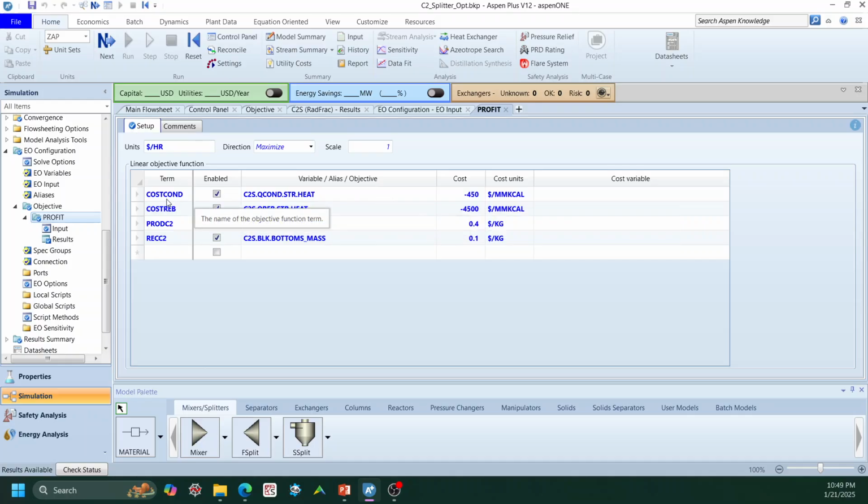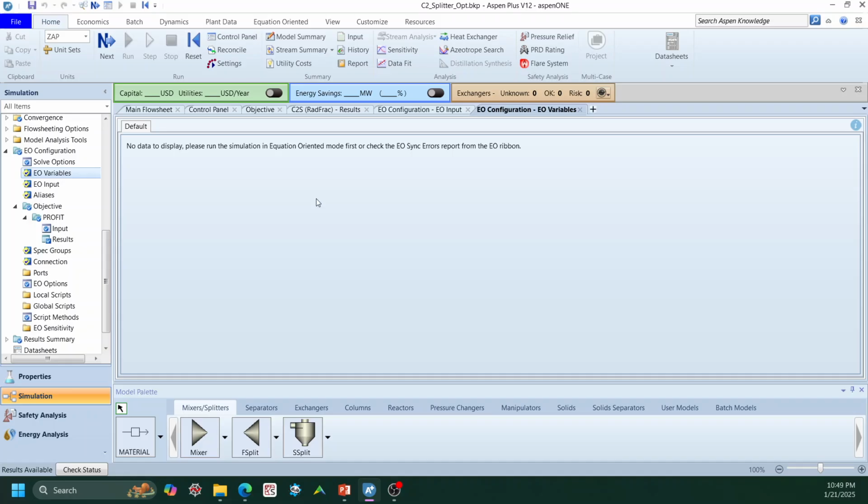So we just put some names, for example, cost of condenser. So we take out the condenser heat, and in this case the standard unit, if we go to the variables, yeah, we don't run it yet.